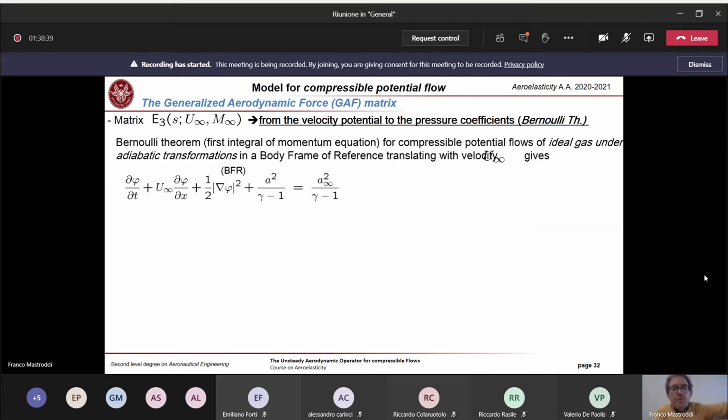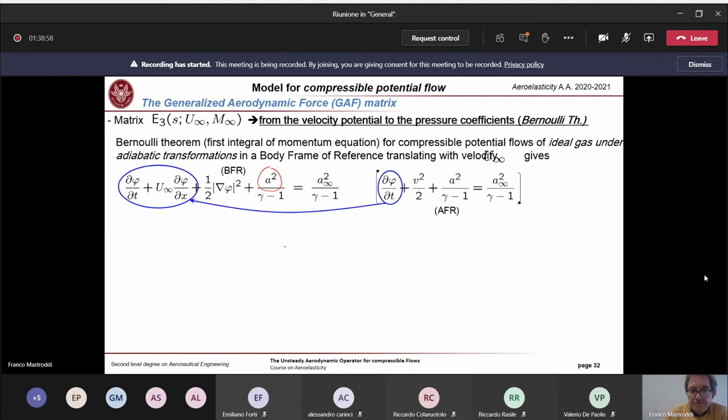We have a problem, Houston. In the body frame of reference, this is our Bernoulli theorem, including the local value of the speed of sound. And so we don't have the pressure. In the airframe of reference, we have this, okay?